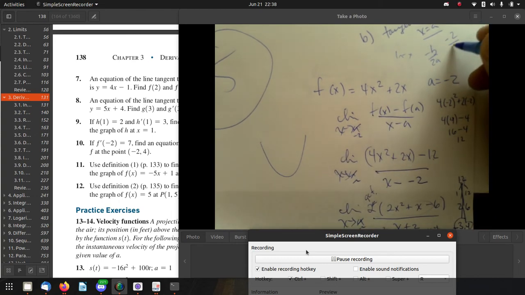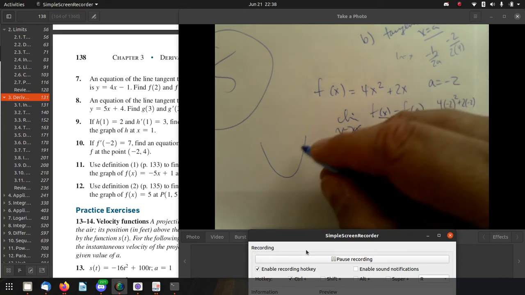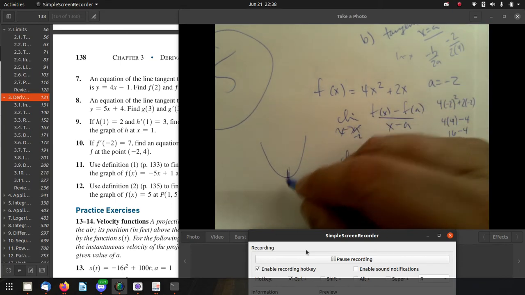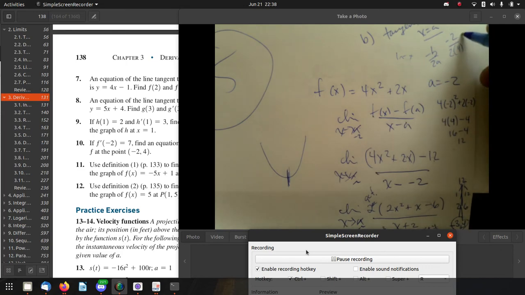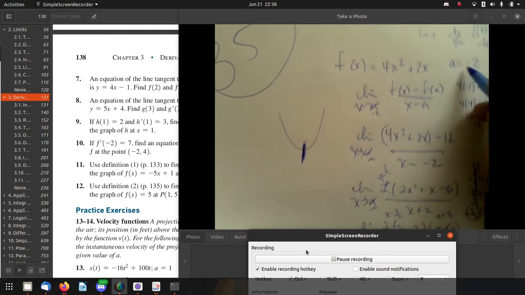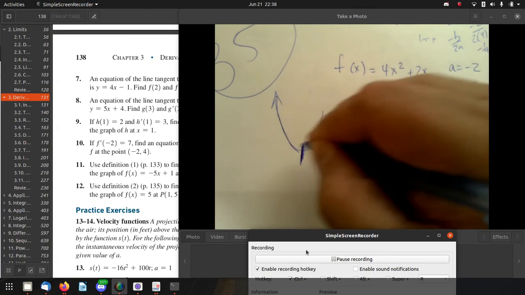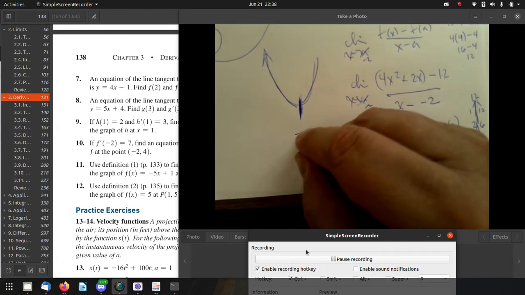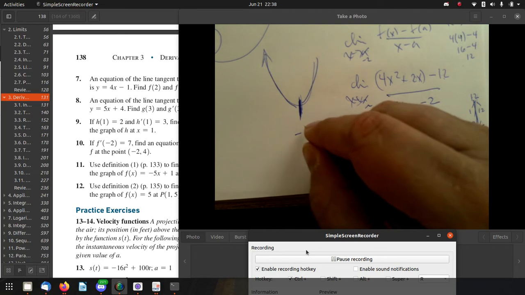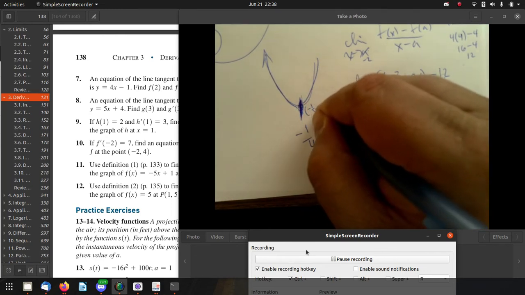So negative 2 over 2 times 4 means that the axis of symmetry for the upward facing parabola will be at negative 2/8, which is negative 1/4. So at negative 2, we know we're going to be on this side. We know that this is at negative 1/4. That's the x value.